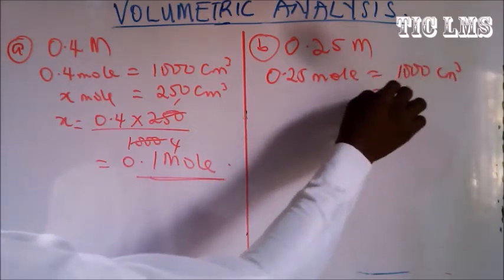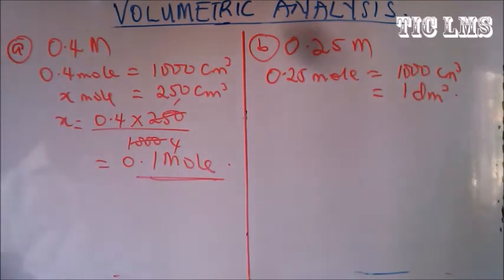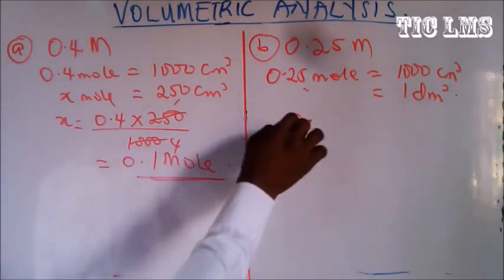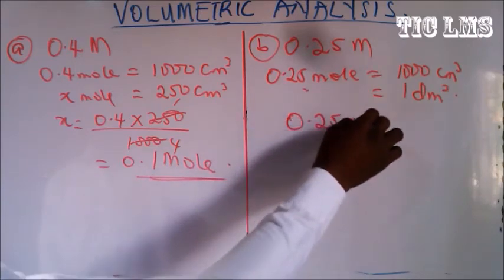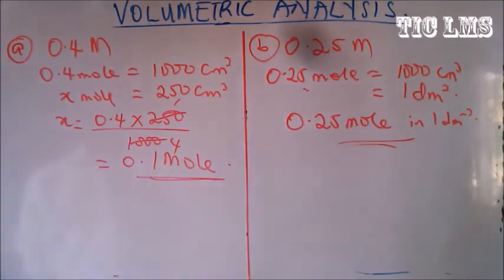And we know that 1000 cm³ is the same thing as 1 dm³. And so the question now is, how many moles do we have in 1 dm³? So the question says in 1 dm³ of 0.25 molar. And so the answer is still 0.25 mole in 1 dm³ of potassium hydroxide.